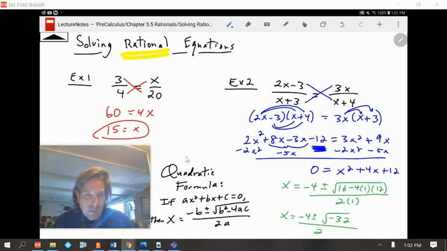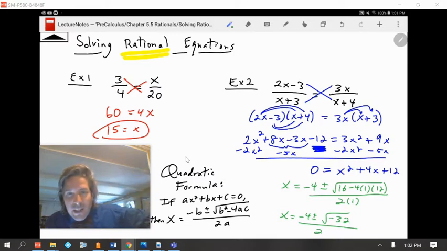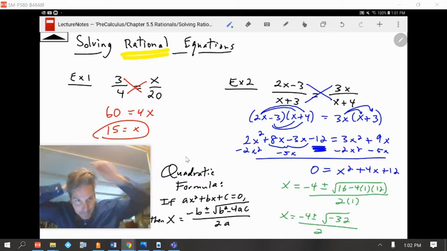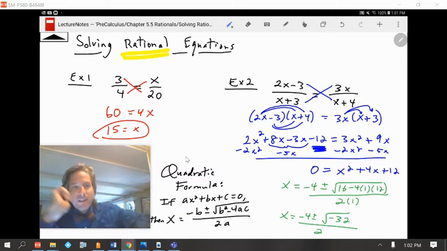Okay. Whole nother world happened here. We have a negative under the radical, and this is called an imaginary number. Again, these are things you should all remember from Algebra 2. I'm trying to remind you of things and teach you new stuff all at the same time. For our situation here today, with rational equations, none of these answers will be imaginary.